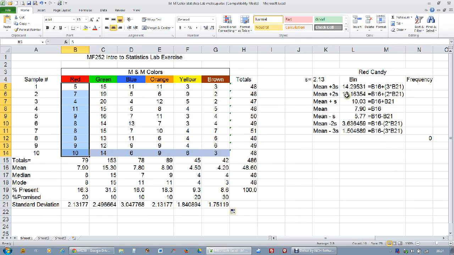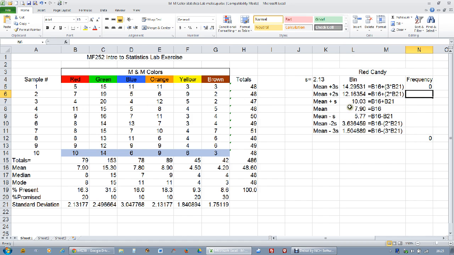For our first frequency, we're going to look up how many times a number is less than or equal to 14.29 and greater than 12.16. So we go back through our list here. We have 0 that fall into that category, so we'll put a 0 under frequency.